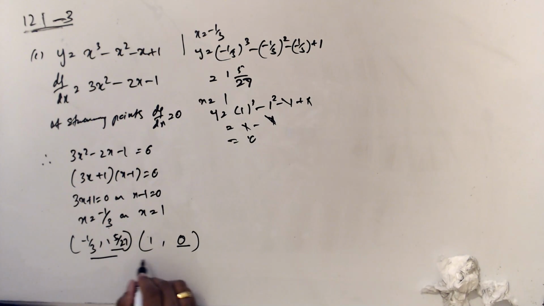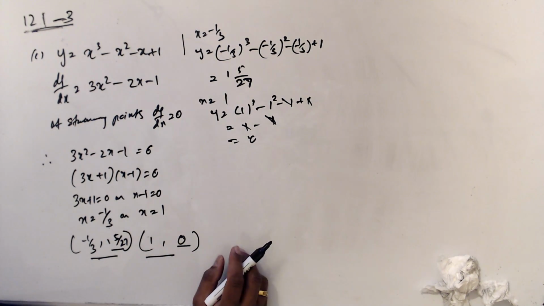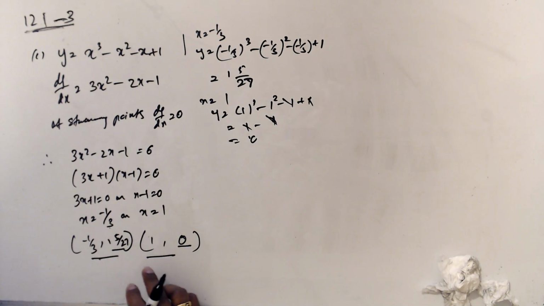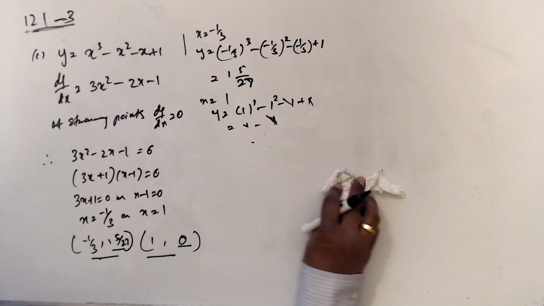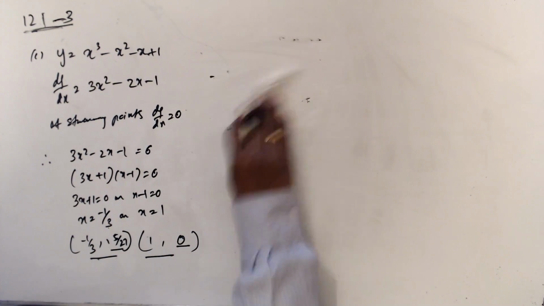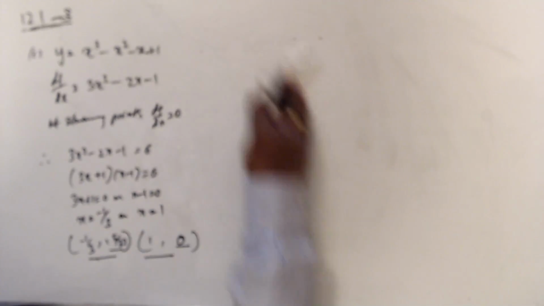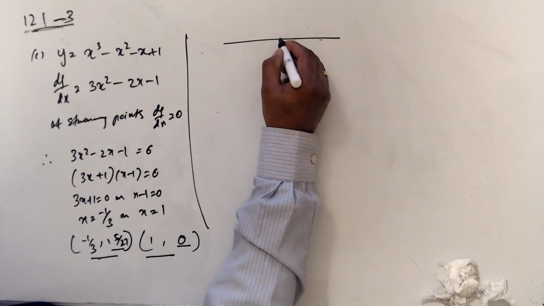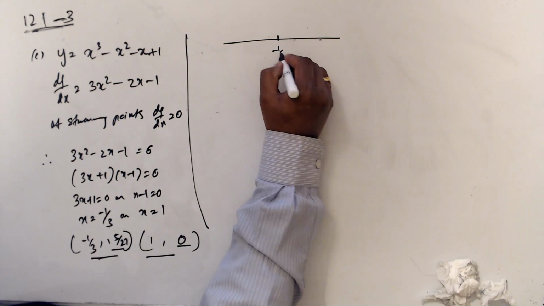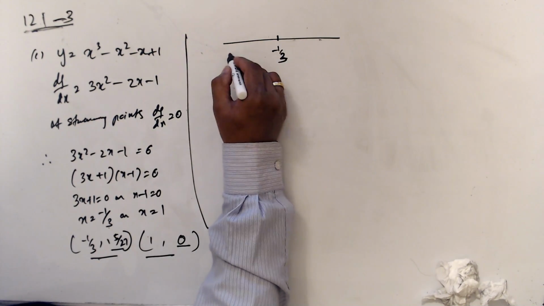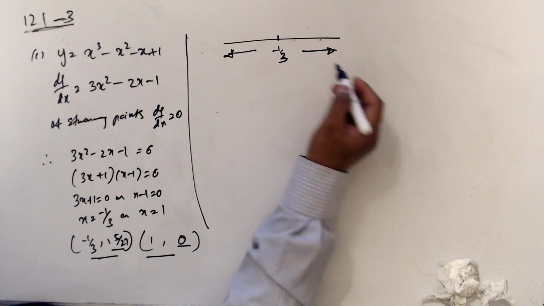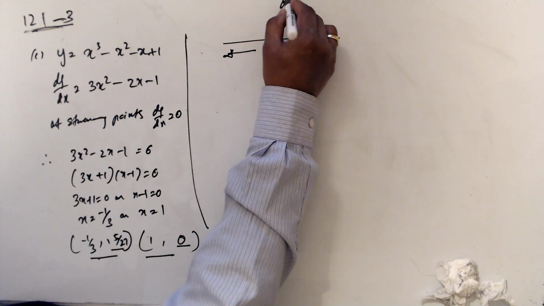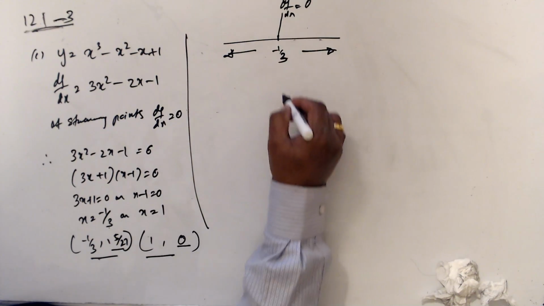So it can be a minimum, a maximum, or a point of inflection. Just for one value, we use the second method. Okay, we'll take x equal minus 1 over 3. So I break the number line. This is minus 1 over 3, and this is left and this is right. At minus 1 over 3, dy by dx equals 0.